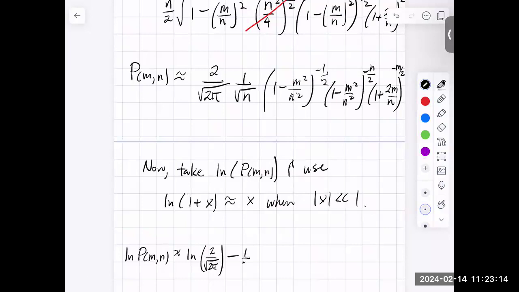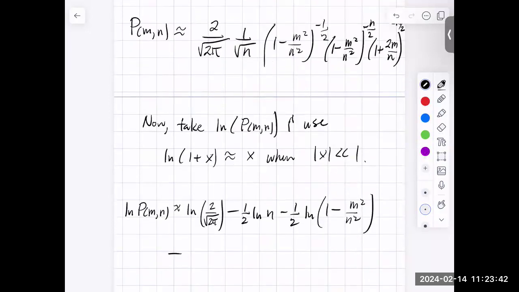So we'll have a minus 1/2 ln n, plus minus 1/2 ln of 1 minus m squared over n squared.